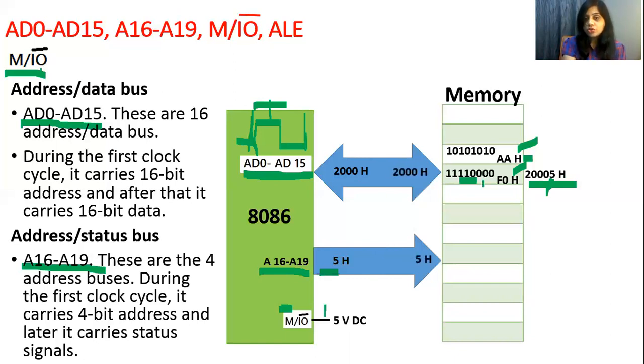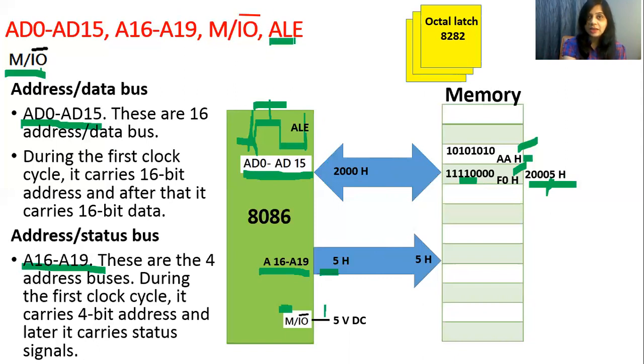After it goes to this, what happens? There is another pin on 8086. What is that pin? That pin is ALE, which is known as address latch enable pin. What does this pin say? Latch this address. Which address?